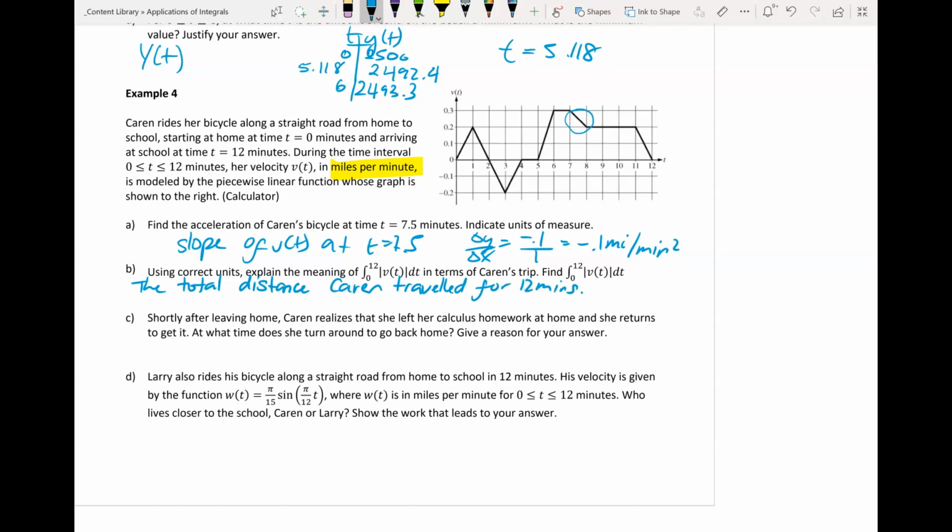So everything's going to be positive because of the absolute value. We're finding the area underneath the curve, and it's all going to be positive. So we're looking for this one here. So that means we need to find the area underneath the curve.